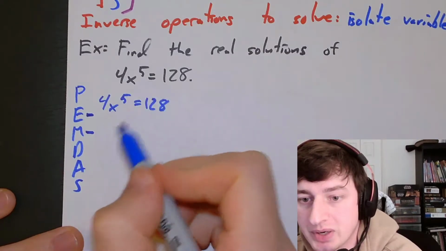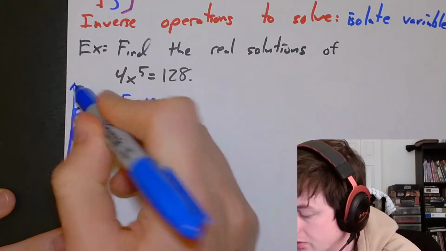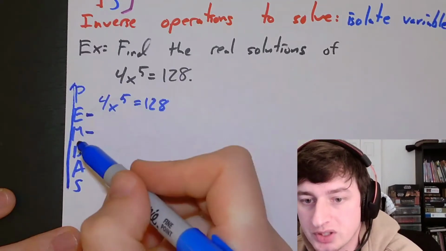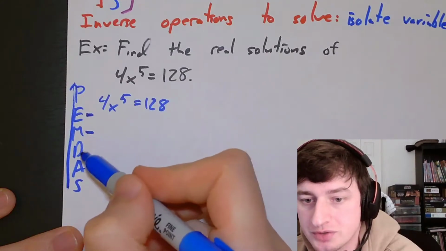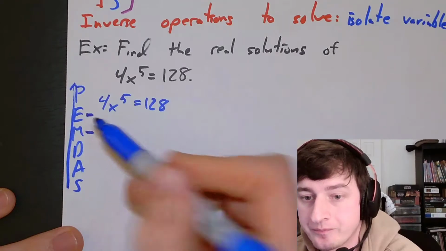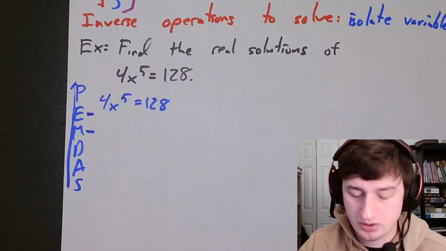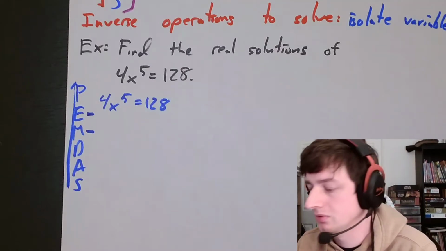To get x by itself, we're going to do the inverse, and we're going to work up this way. We do the inverse of multiplication first, which is division, and then the inverse of the exponent. I'm going to pick another color, and we're going to divide to get x by itself.